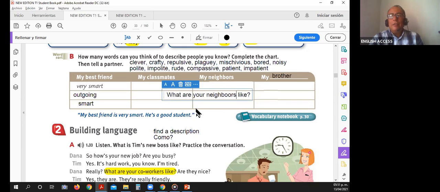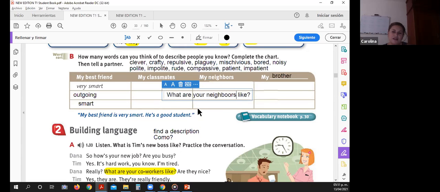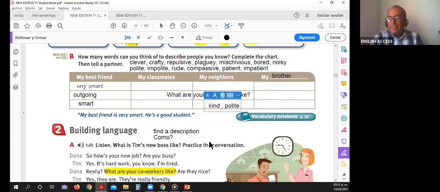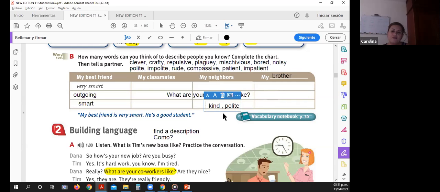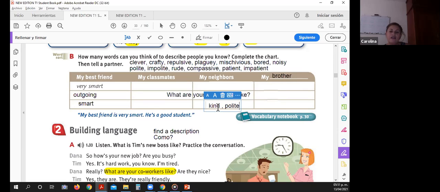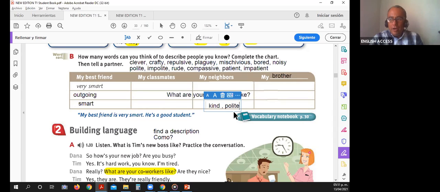Or amables, ¿cómo se dice? Amables. They are kind, polite. You can use those adjectives. If it is plural, my neighbors are kind and polite.